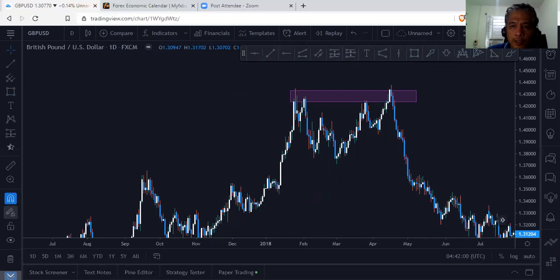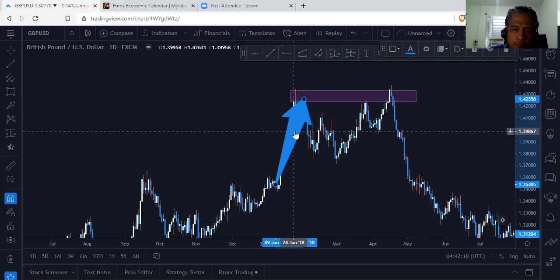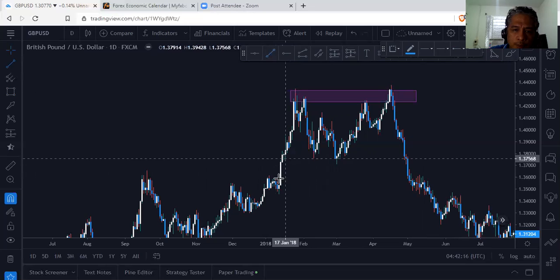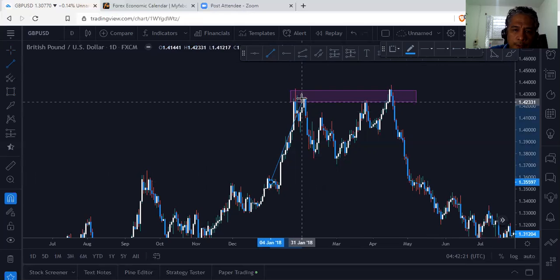So the M pattern that you can see here, a clear M pattern, this one. I'd rather use a trend line so that it will not be disturbed.